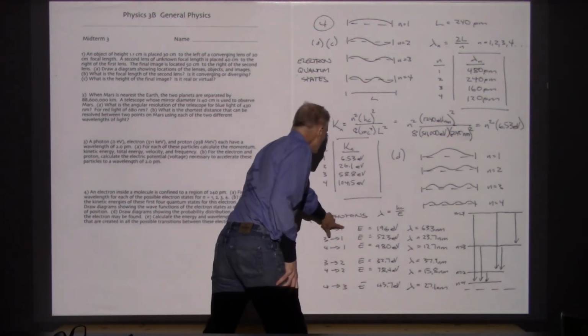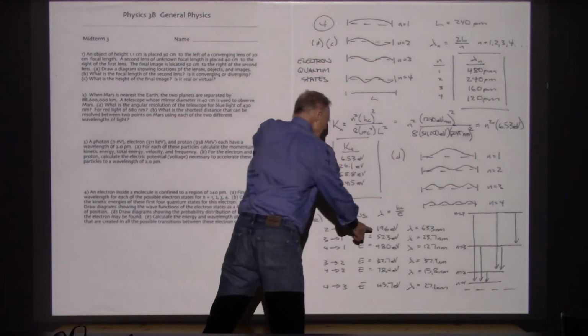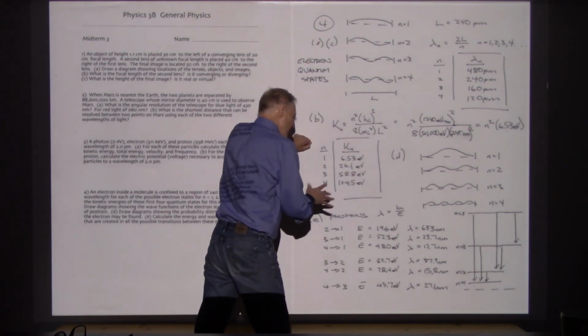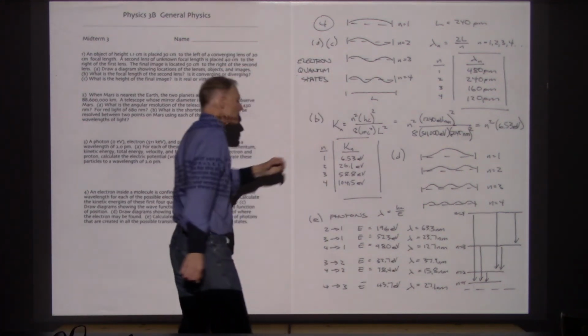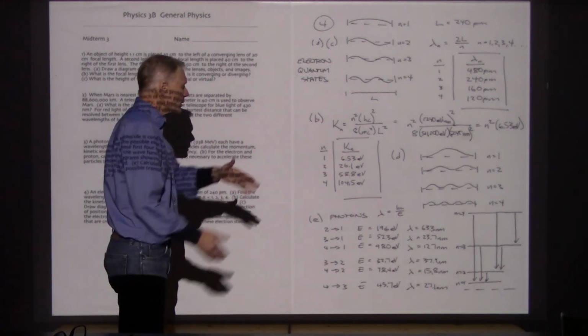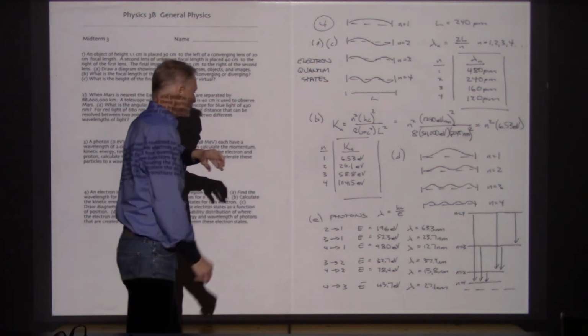2 to 1, I can get that by taking 26.1 eV, subtracting 6.5. That worked out to be 19.6. 3 to 1 is a difference of energy of 52.3. That's the energy of the photon. So the photon energies are going to be the difference in energy between the 2 quantum states.